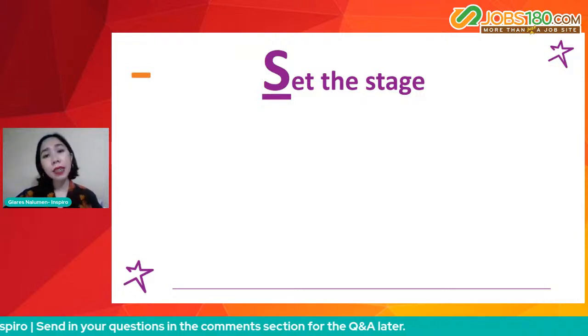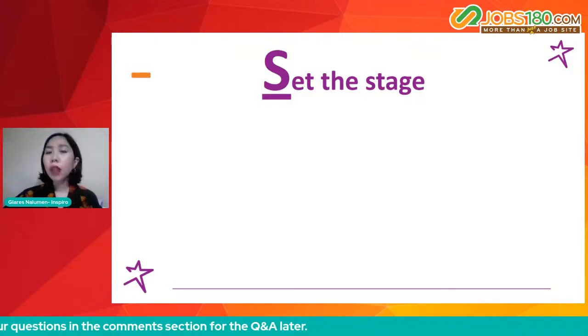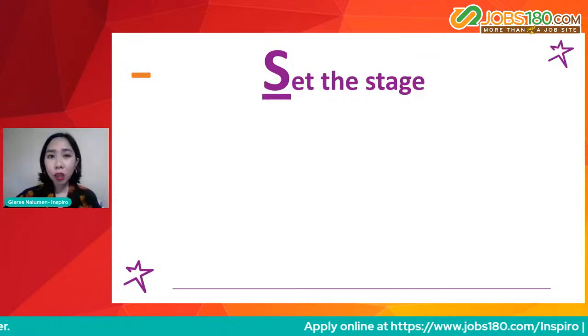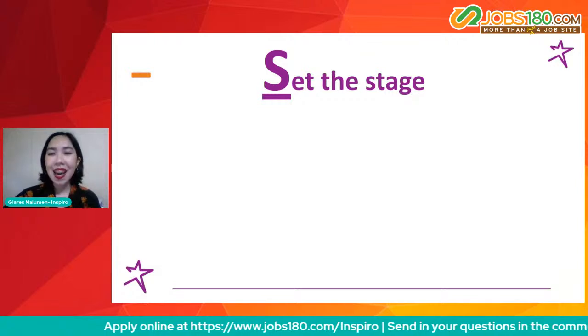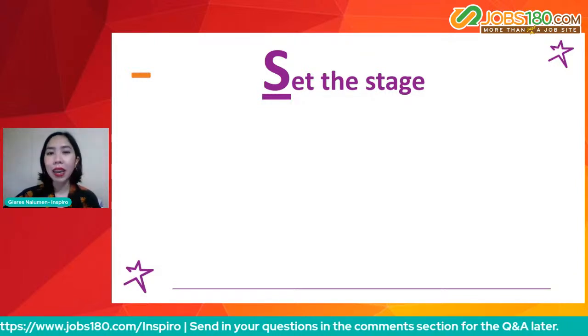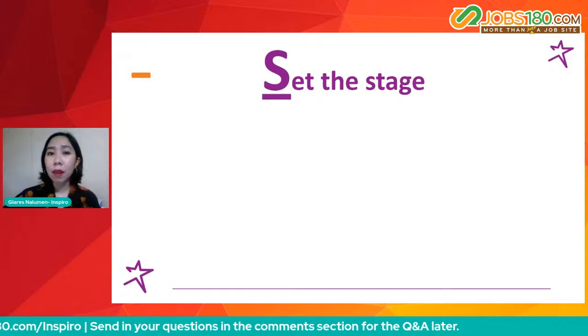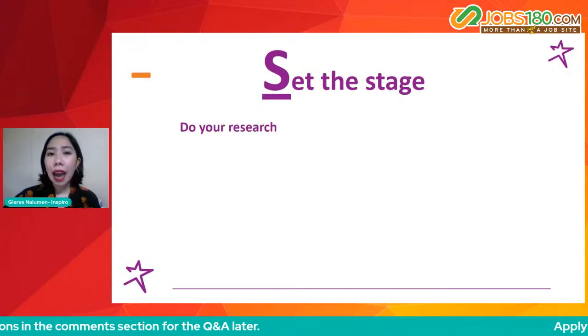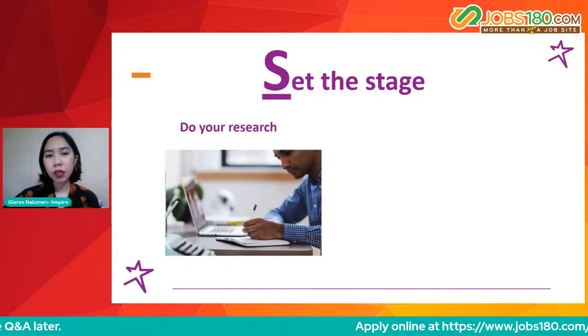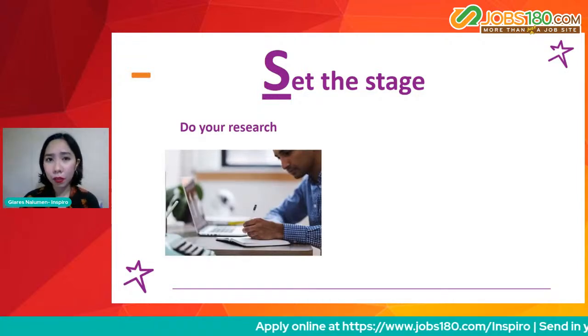When we say setting the stage, what do we mean by that? It means that before we proceed with the main show, we have to prepare the backstage. When it comes to applying for a job, the first thing that we might want to set is, of course, doing our research. What do we mean when we say do our research?